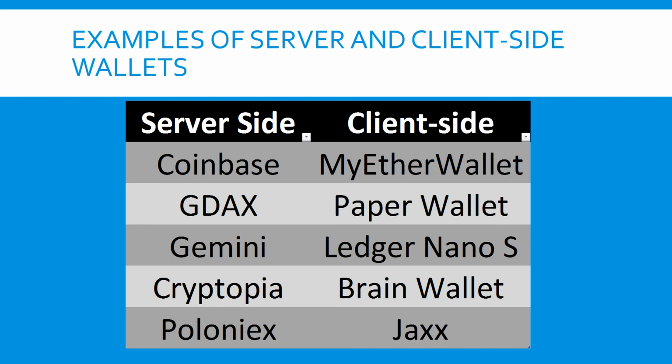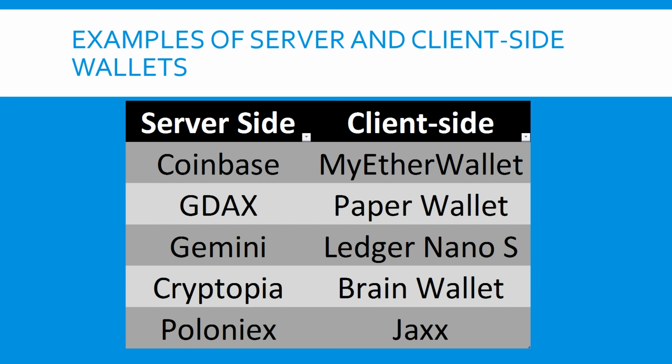You can also have the client-side wallets, which are the My Ether wallet. That's one of my favorites. Paper wallets, which literally means you are writing down your password and your private key on a piece of paper and you're keeping it in a safe place. And then you can also have the Ledger Nano S, which looks like a USB stick, but it safely and easily saves all of your different keys and passwords for your different wallets and cryptocurrencies.